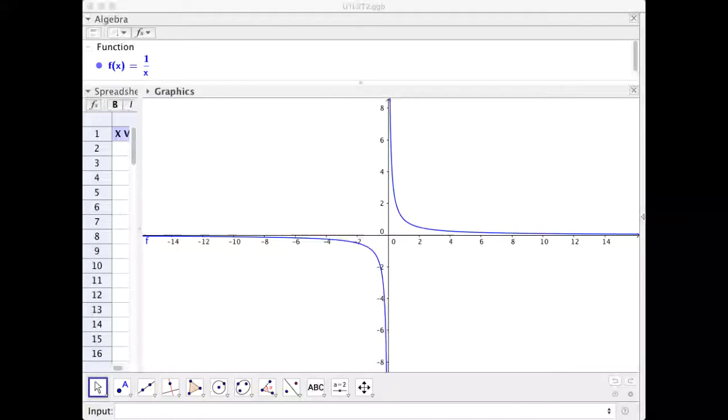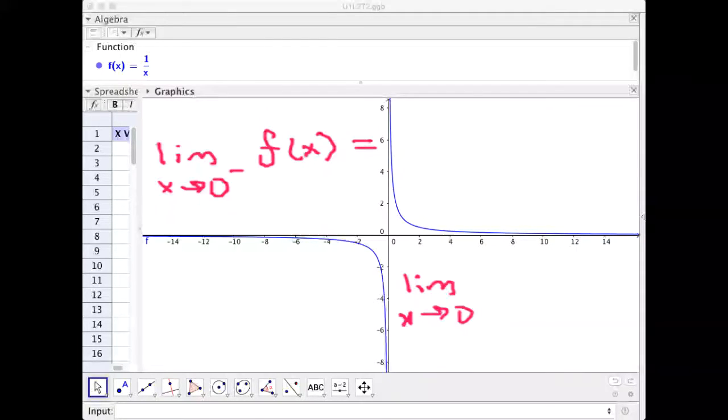But now let's look at what's happening. Let's say the limit as x approaches 0 from the negative direction, or from the left hand, of this function. We're going to try to figure out what that is. And then we're also going to look at the limit as x approaches 0 from the right-handed direction, or from the positive side, of this function.